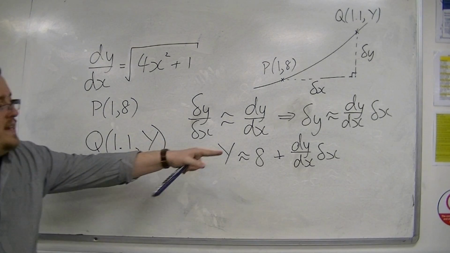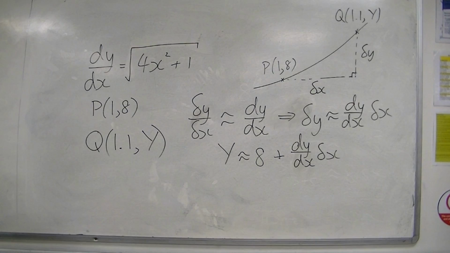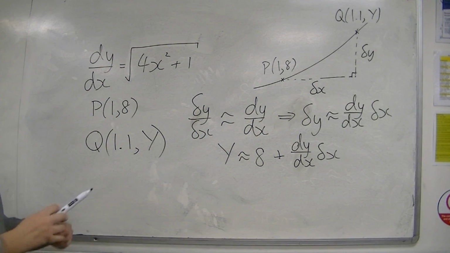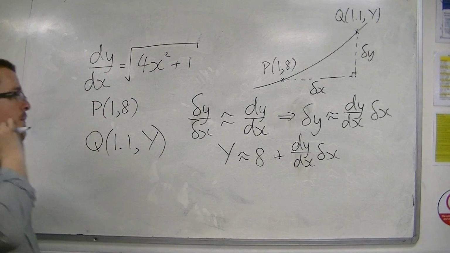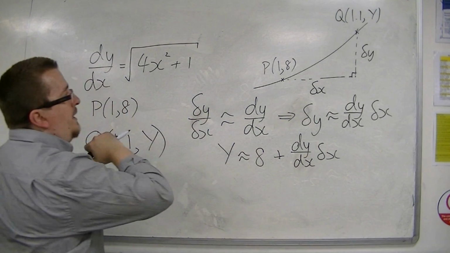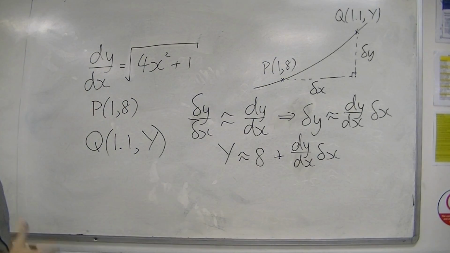Now that dy by dx is the gradient evaluated at that x coordinate, so at P, when x is 1.